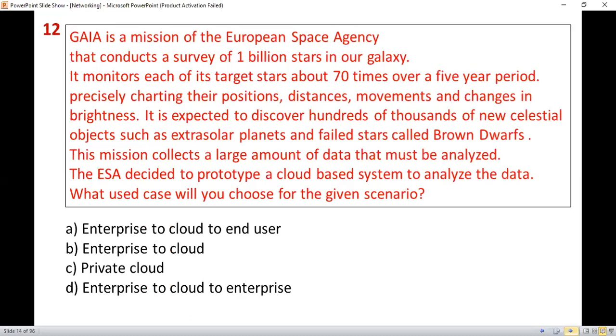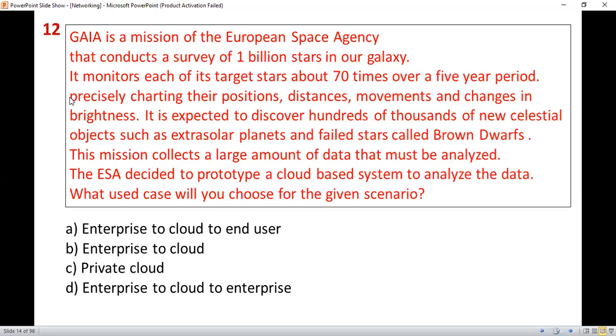Okay, the next question is, you can see Gaia is a mission of the European Space Agency that conducts a survey of 1 billion stars in our galaxy and monitors each of its target stars about 70 times over a 5-year period, precisely charting their positions, distances, movements, and changes in brightness.